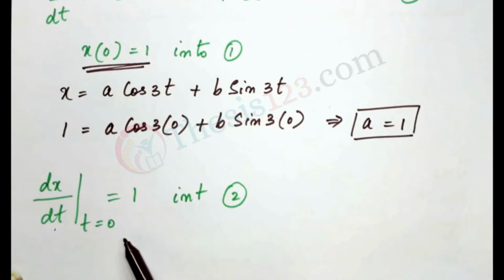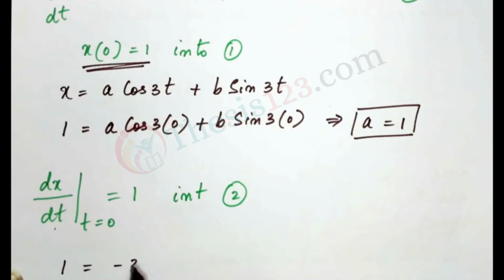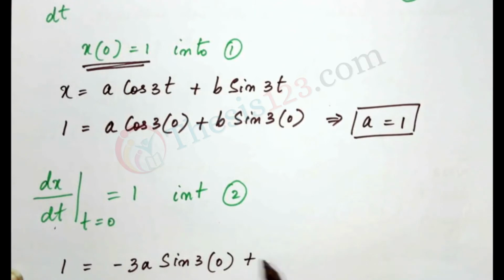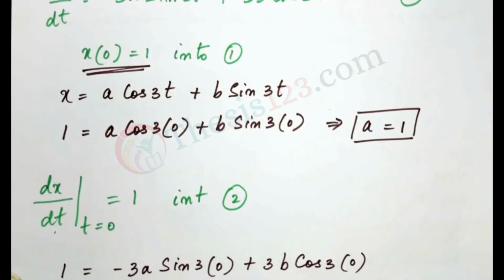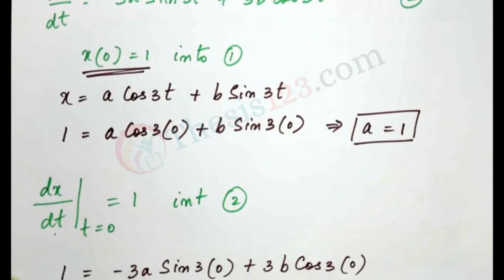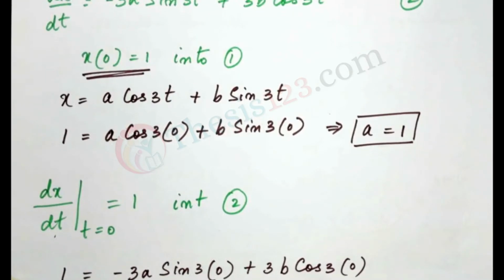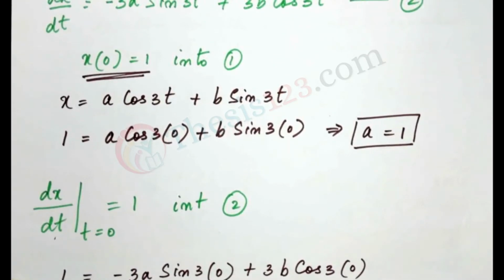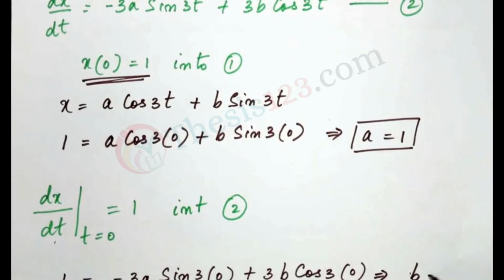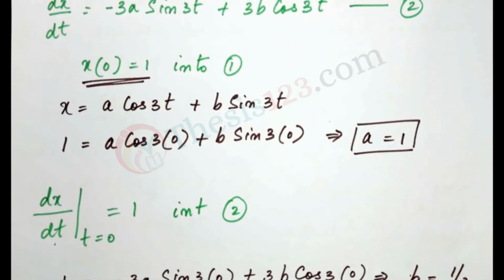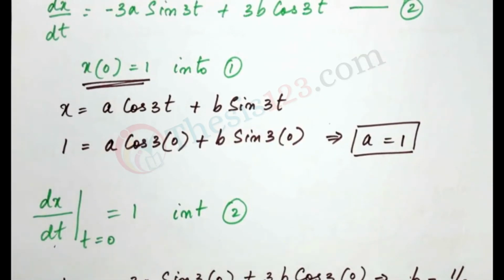When we substitute, we have 1 is equal to minus 3a sine 3 of 0 plus 3b cos 3 of 0. The sine term becomes 0, and we are left with the cos term. Cos of 0 is 1, and we are left with 3b. This implies the value of b is 1 by 3.